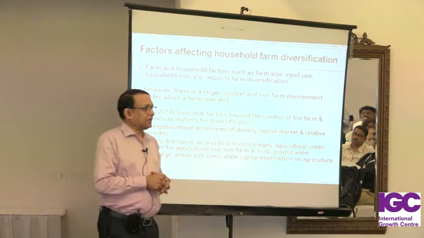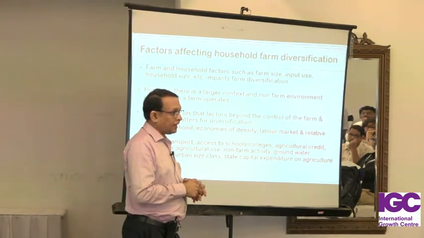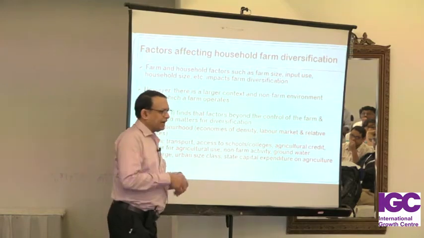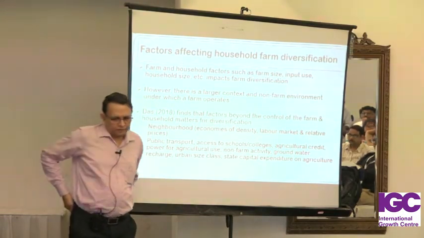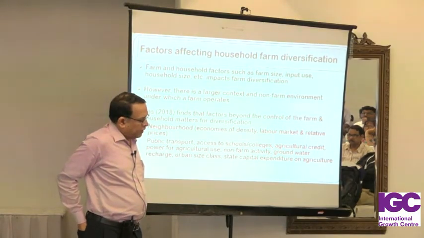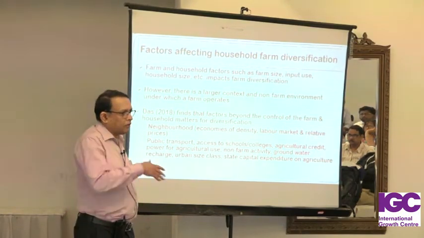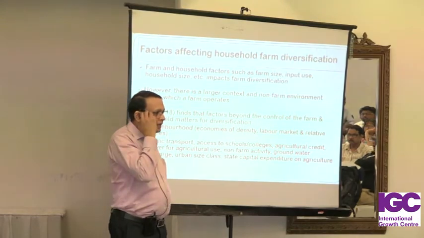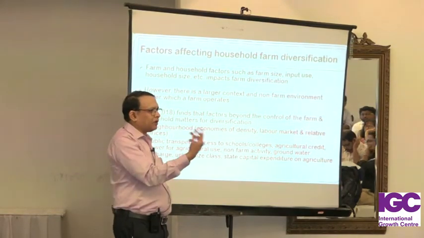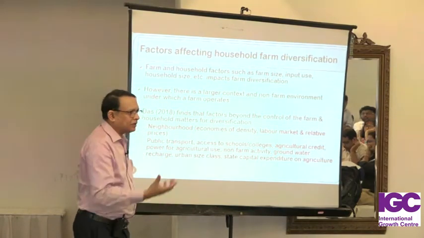How dense the markets are. Yeah. In the sense that at the local level, if a lot of people are involved in a certain activity, then it generates some kind of an economies of scale. It is similar to that.